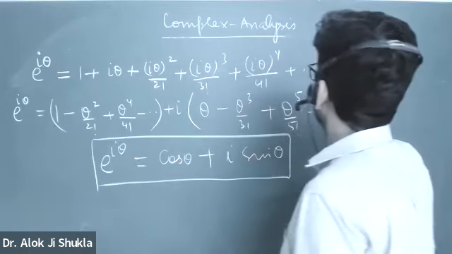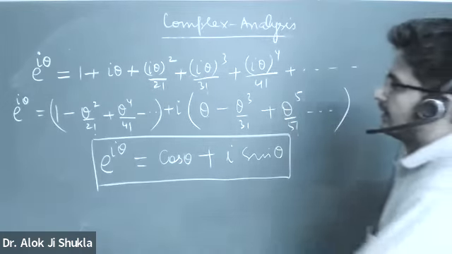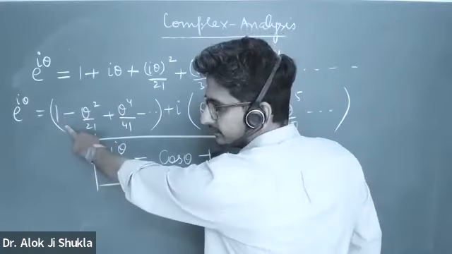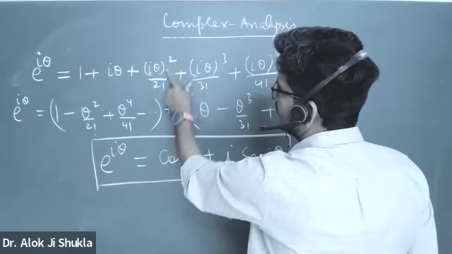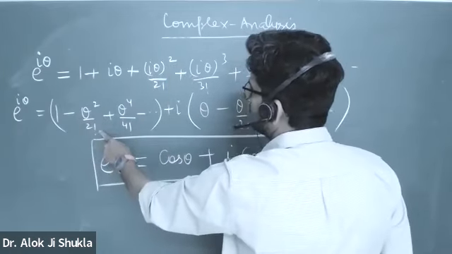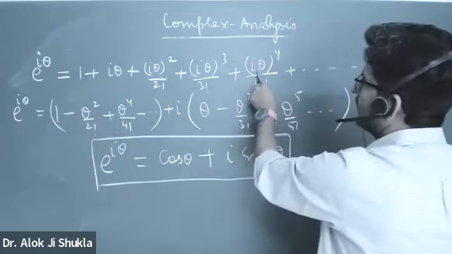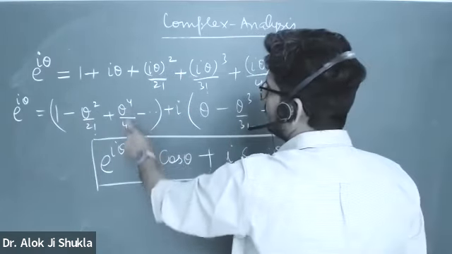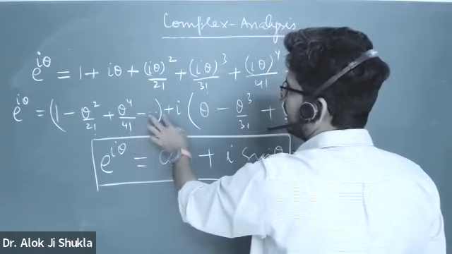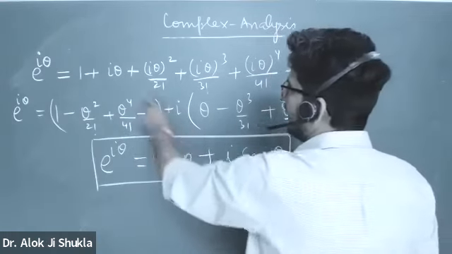Just simple mathematics. हाँ sir. I square is minus 1. It will become minus theta square by 2 factorial. I to the power 4 will become 1. It will become theta 4 by 4 factorial and dash dash dash. Take iota common.